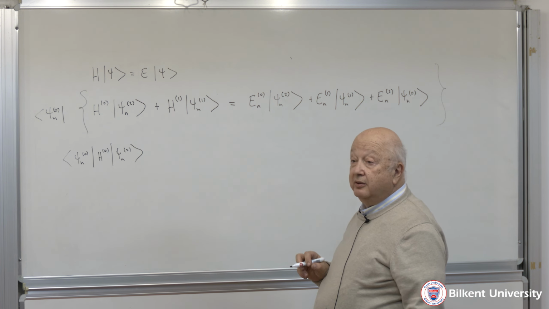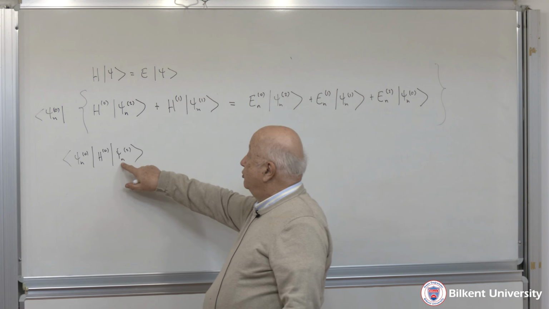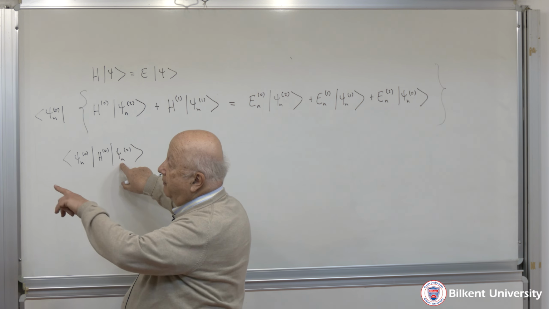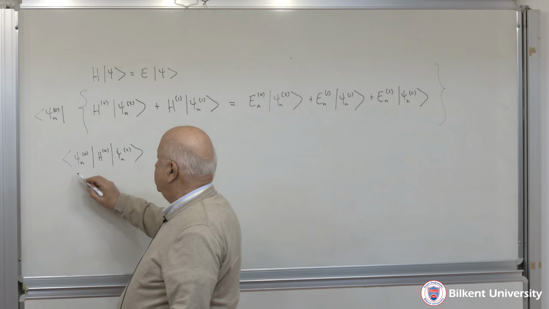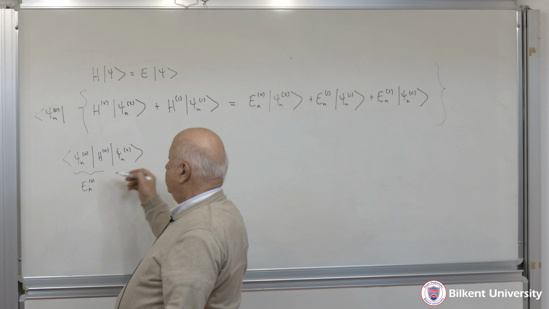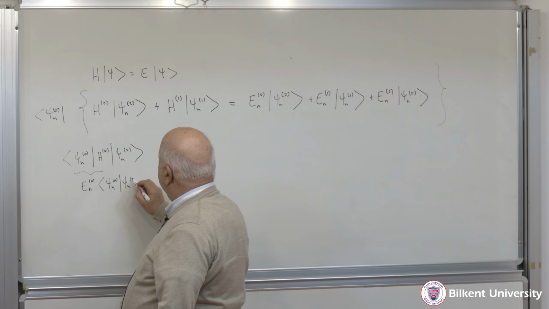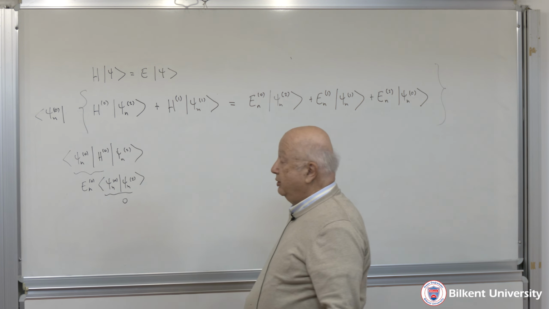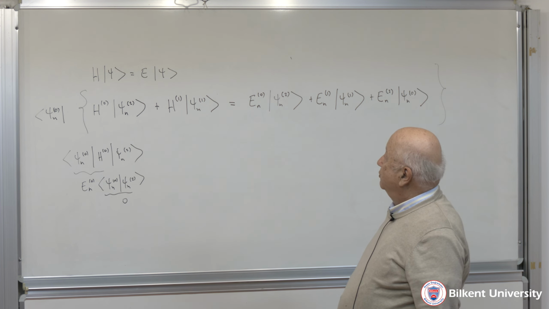And what's that? 0, right? Because there's no contribution in psi n2 from psi n0. So this thing here is just going to give me En0 operating towards the left, psi n0, psi n2, which we said was equal to 0. So that term is out.